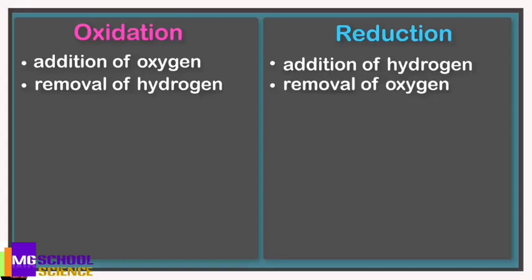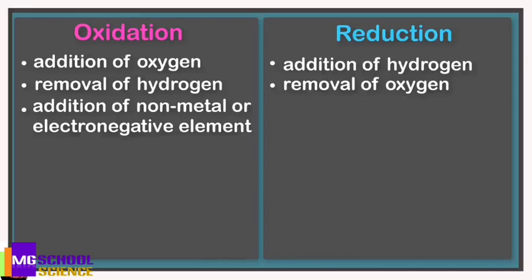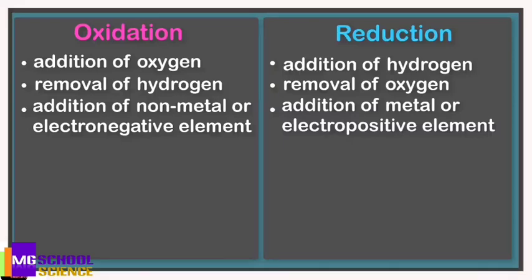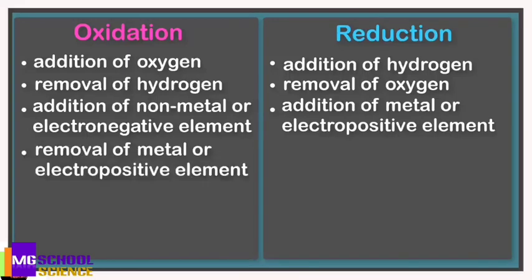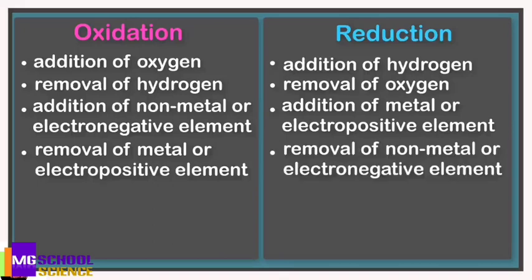Now, oxidation need not be only addition of oxygen. We can expand the definition to addition of any non-metal or electronegative element. Similarly, reduction can be addition of a metal or electropositive element. Now we can define oxidation as removal of a metal or electropositive element, and similarly reduction is removal of a non-metal or electronegative element.